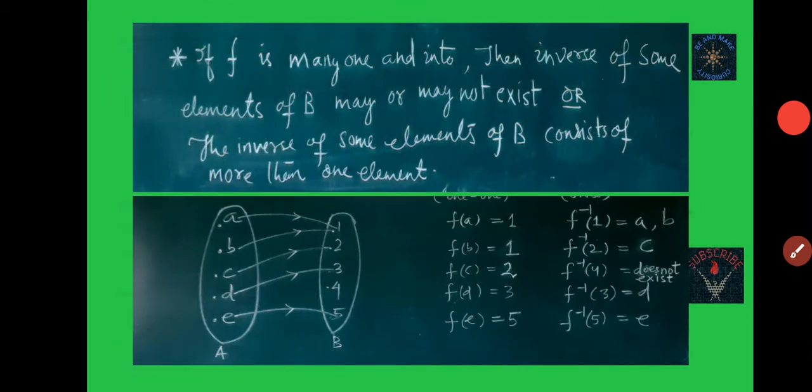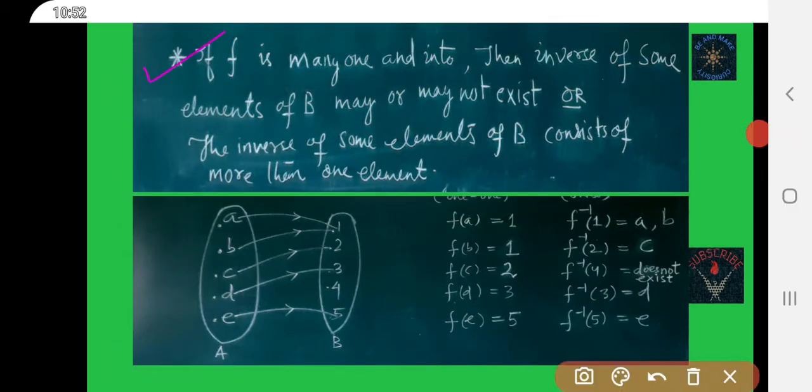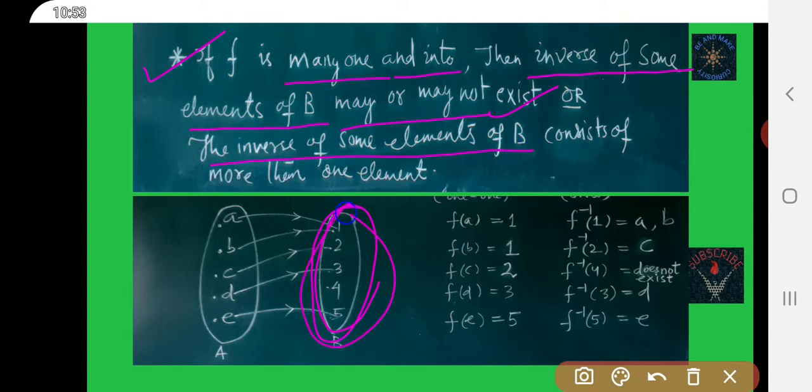Next, if F is many-one and into function, then inverse of some elements of B may or may not exist, or the inverse of some elements of B consists of more than one element.